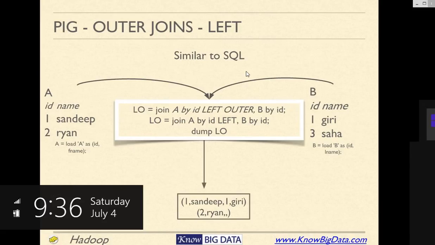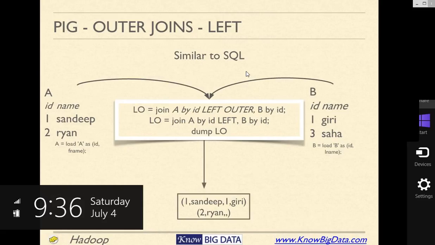Yes, correct. It will definitely match the common values from both the tables, table 1 and table 2, but it will also give you all the values from table 1, from the left table. It will give you all the values irrespective of whether there is a matching value in the right table or not. So basically it gives you all values from the left table and the common values also.